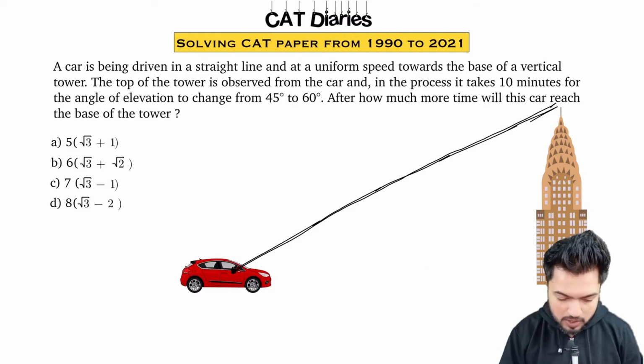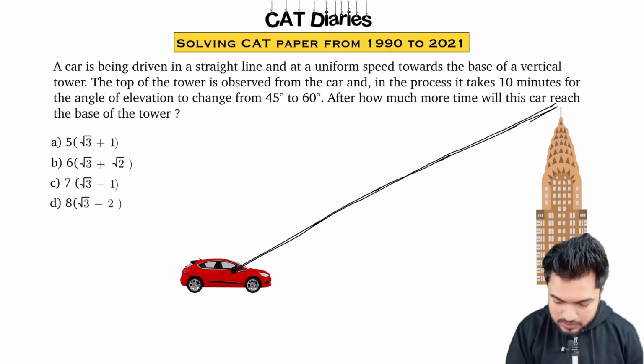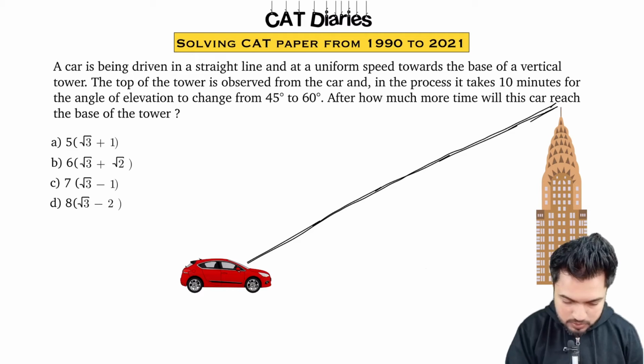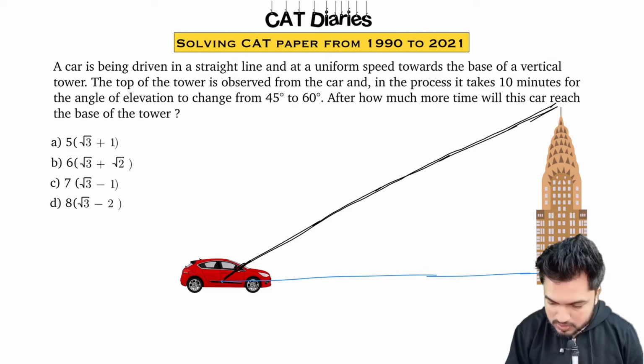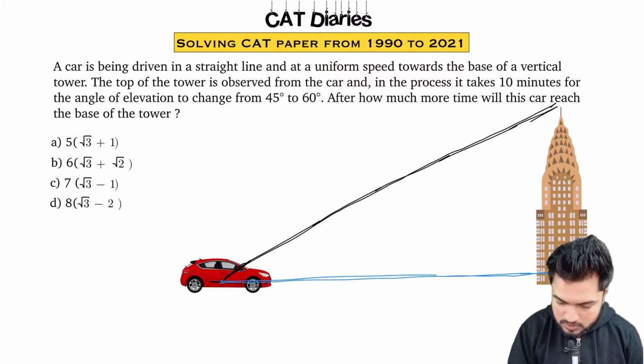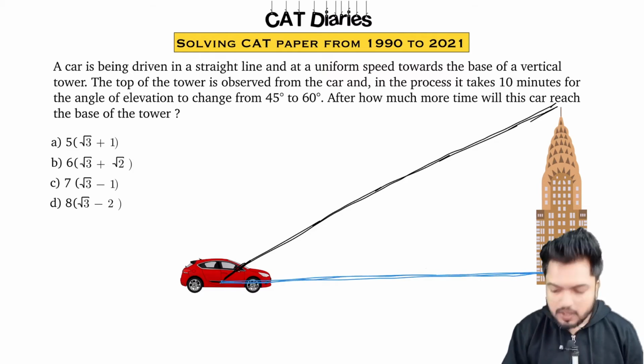So if I draw a line here by saying that this is the base of the tower, let's take it here. So this is being observed from here. If I say that this is the base of the tower, which is this, someone who is observing the top of the tower from the car can see the angle of elevation.